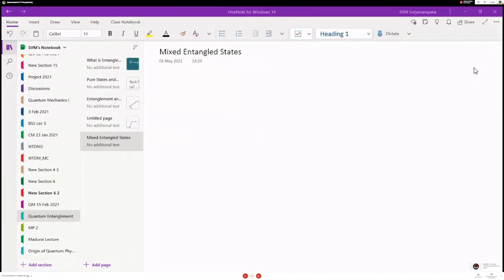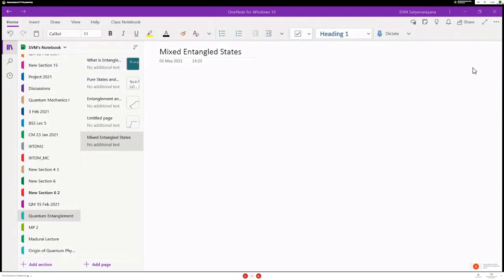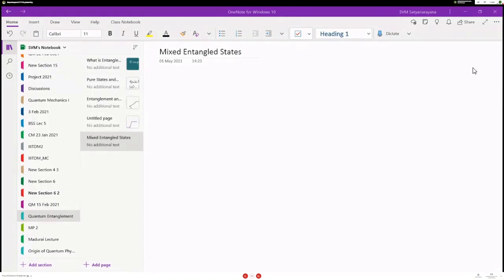Does the time reversal operator represent an observable, sir? Time reversal is a kind of symmetry operation, like parity.